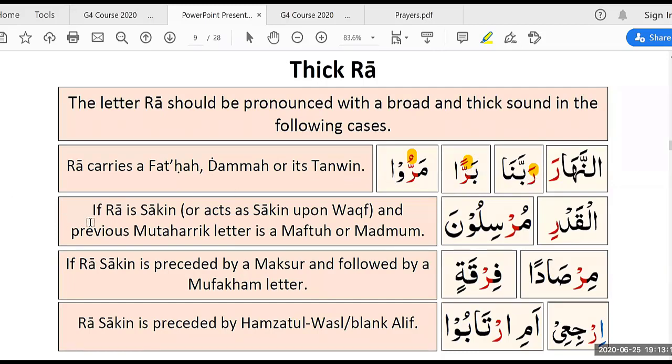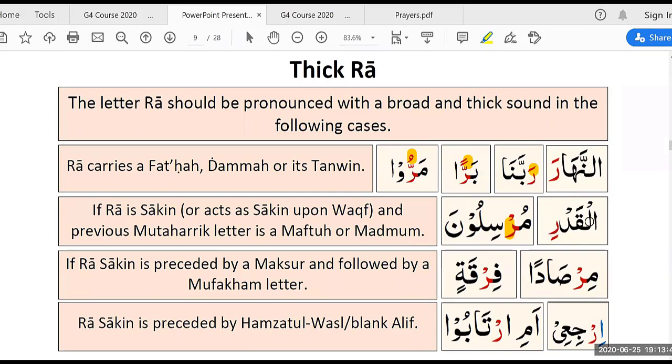So the next case is if ra is sakin. So here we can see in these examples, ra is carrying a sukoon, and the previous mutaharrik letter, which in this case is mim, is a madmoom. So if the previous mutaharrik letter is a maftooh or madmoom, the ra sakin is going to be thick.